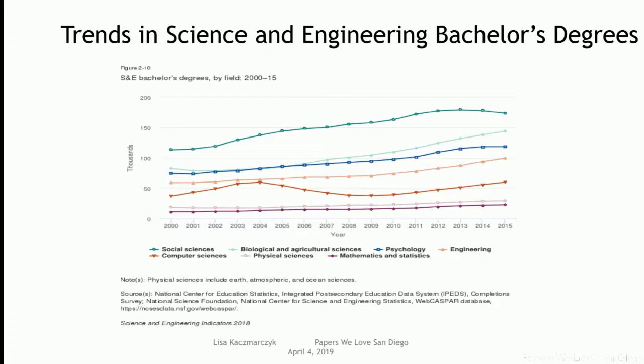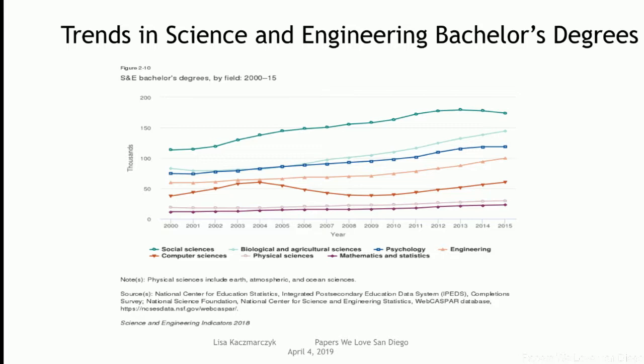And what's interesting is when you compare this to the other subjects. So above it is the social sciences, the biological sciences, psychology, even engineering has more people that have been majoring in it. So you can see that not very many people major in computer science compared to a lot of these other subjects. And it hasn't changed very much over time.